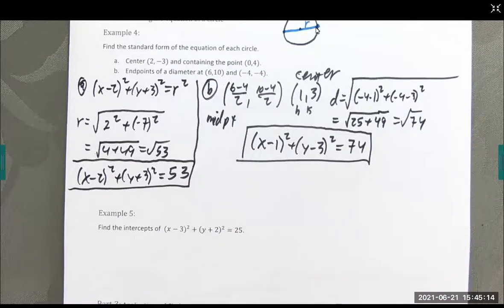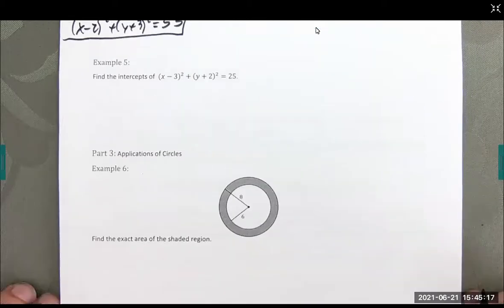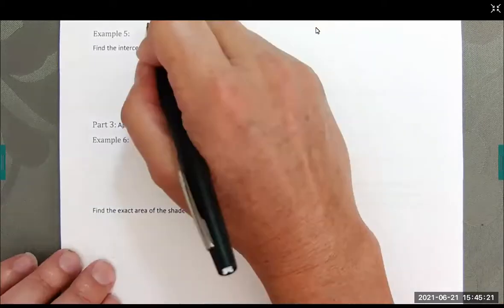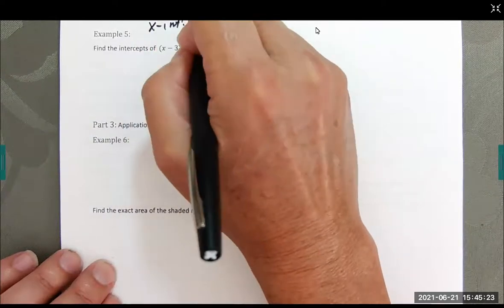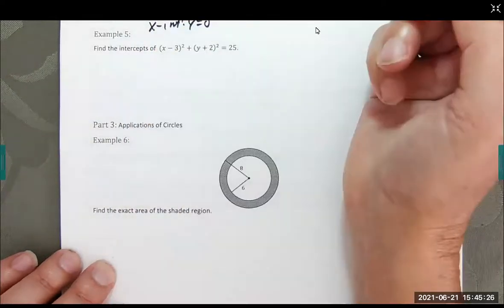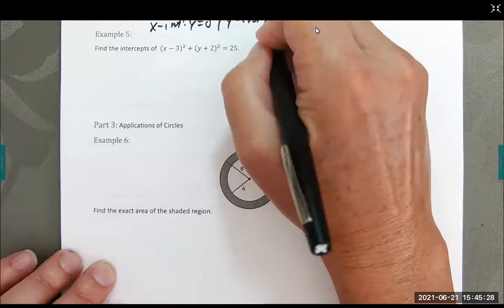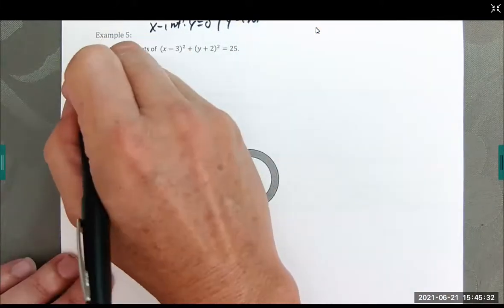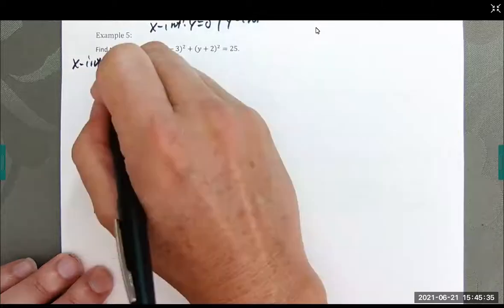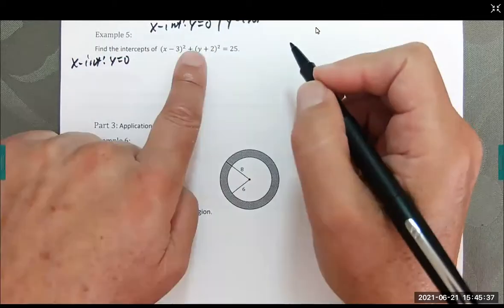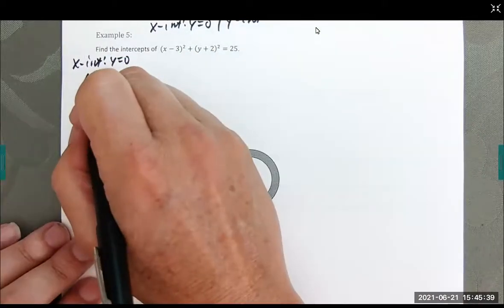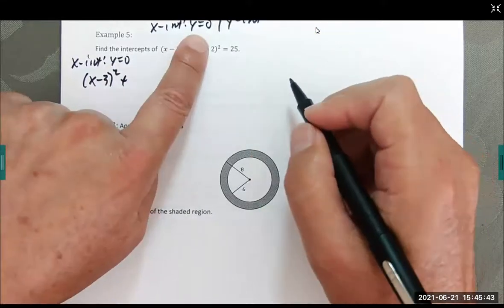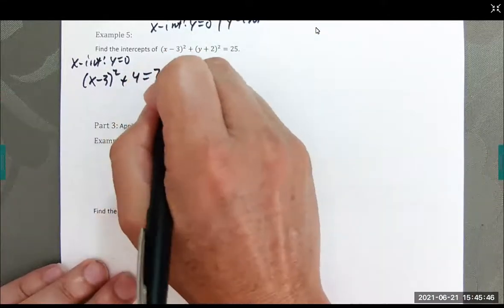No problem. Example 5, find the intercepts. Okay, so remember x-intercept, y equals 0. The y-intercept, x equals 0. So let's start with the x-intercept. So when y equals 0, we have x minus 3 squared plus, so when y is 0, that's just 2 squared. That's just plus 4 equals 25.